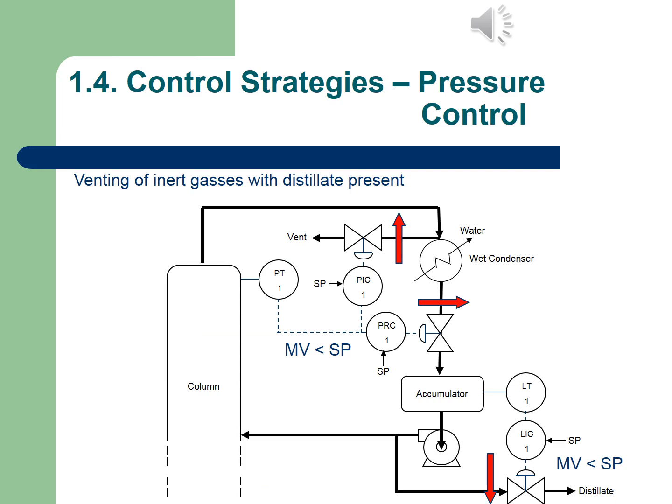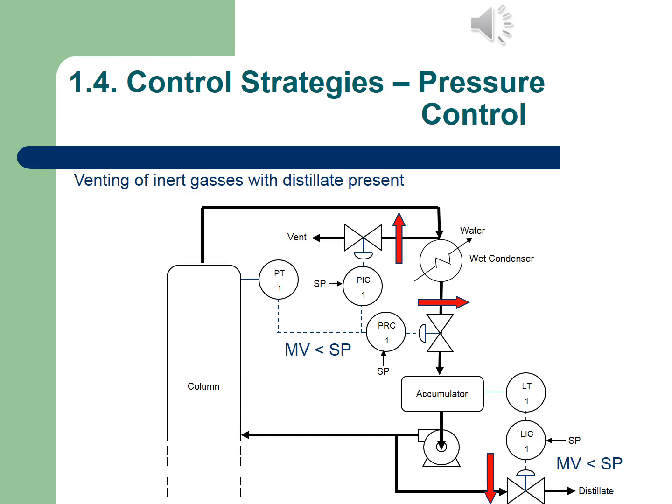Okay, but here we can just see that if we measure what is the pressure on the column, if the pressure is not too high, it means that the venting will not take place. And you will also have a wet condenser. The wet condenser just meaning that before it goes to the accumulator, there will be a buildup of, in actual fact, distillate inside this condenser. So it means that the vapor is not just going to pass continuously through this condenser, it will be basically blocked by the valve that's connected there to PRC1.